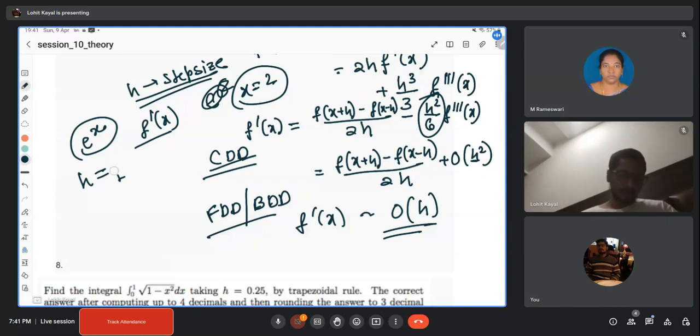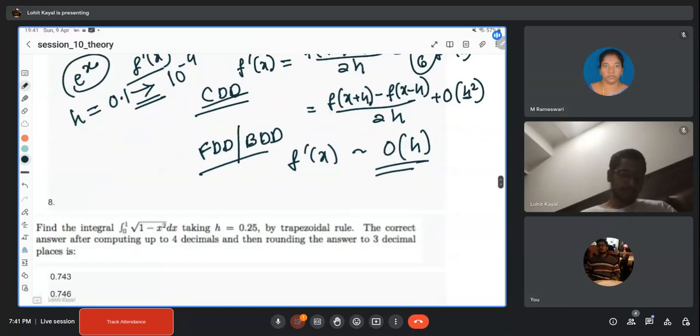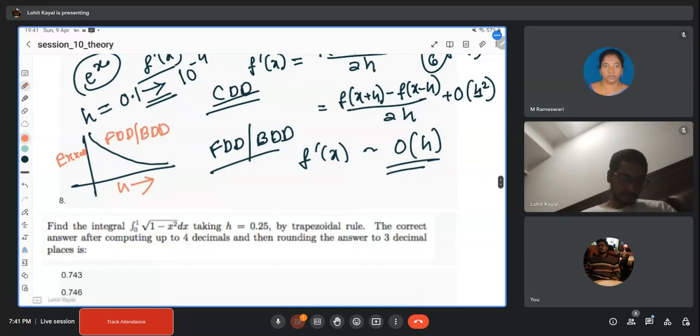Suppose you start with 0.1 and go down to 10 to the power minus 4 using some step size. You will see that your forward difference or backward difference, this is FDD or BDD, suppose this is the error and this is the step size. Actually, I think it will be the opposite, right?